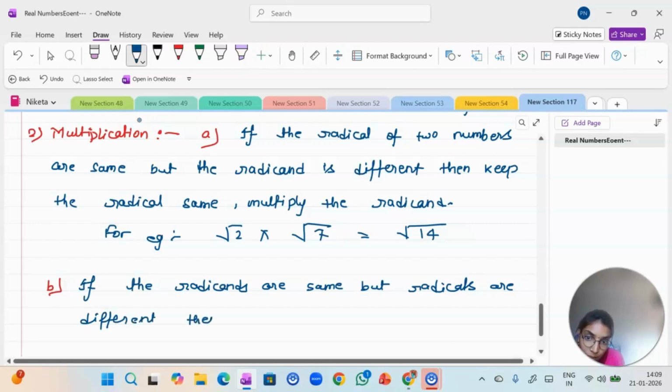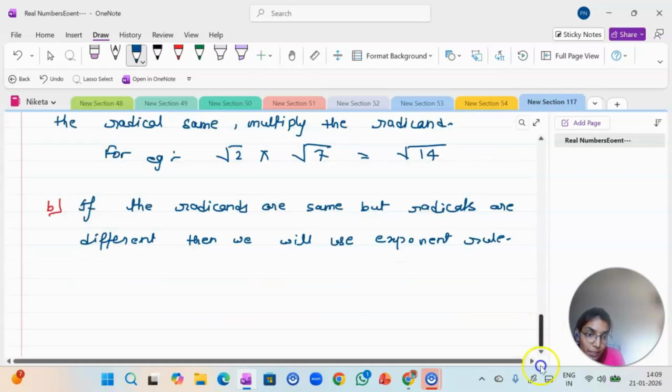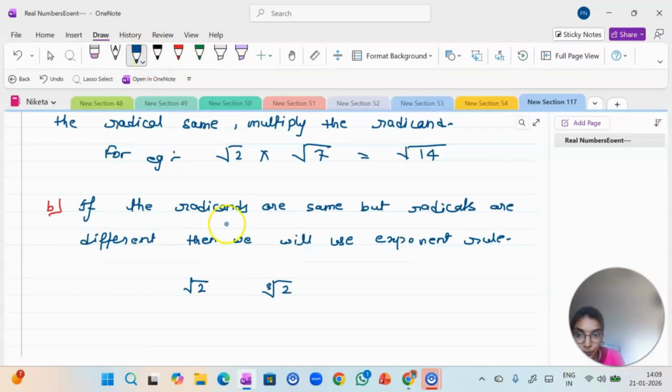Then we will use the exponent rule. For example, you have root 2 times cube root 2.